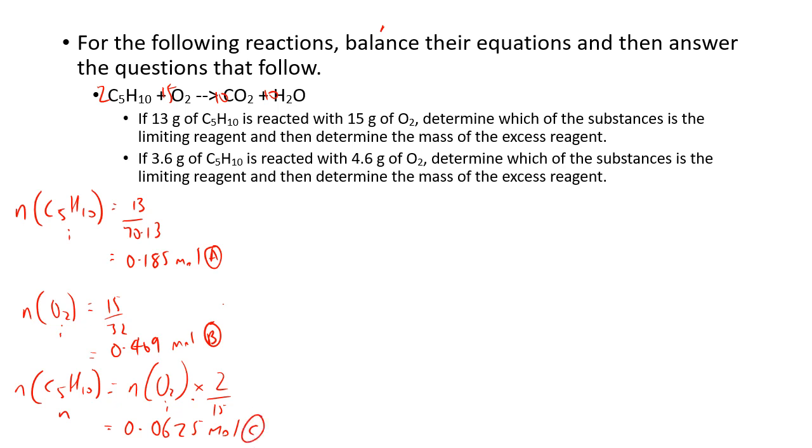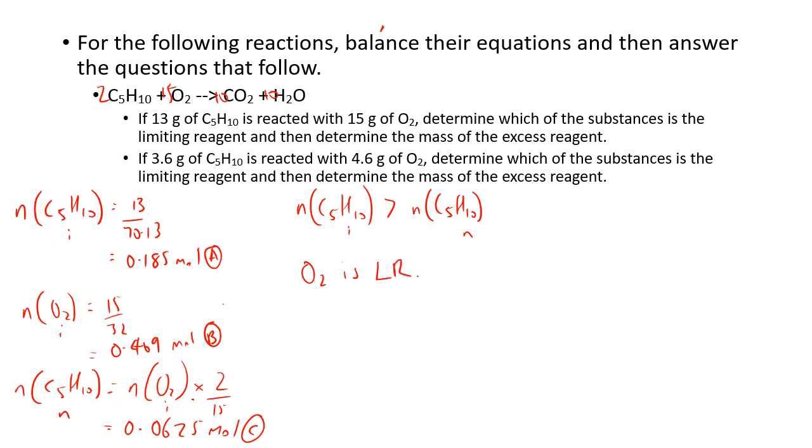And we'll call that C. We're going to compare the number of moles of C5H10 initial and the number of moles of C5H10 needed, and which one's greater? The amount that is initially there. Since the amount that is initially there is greater, that means that the O2 is the limiting reagent.